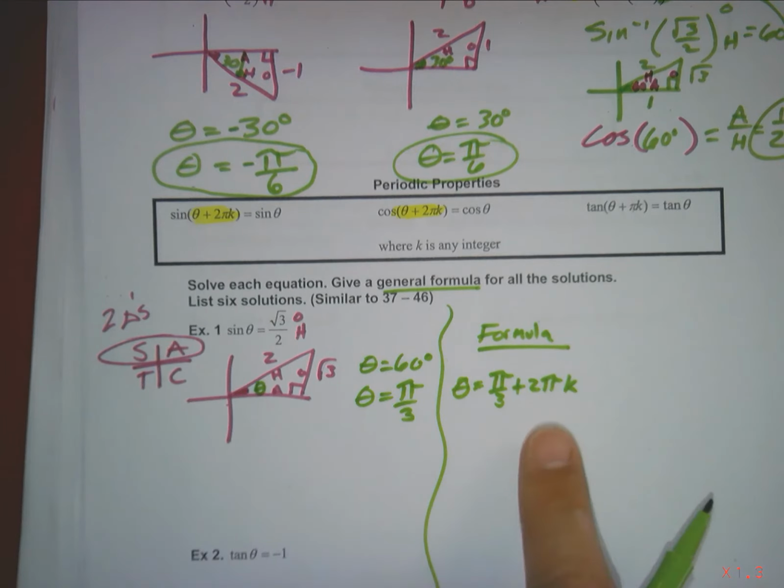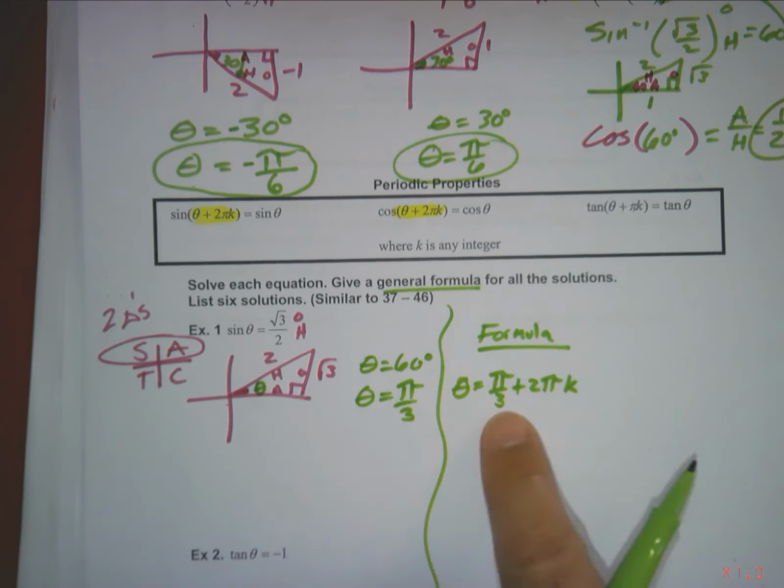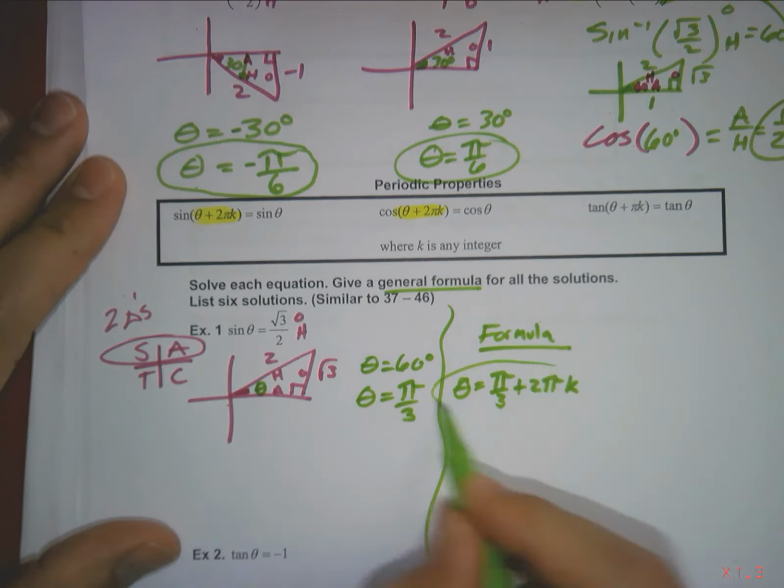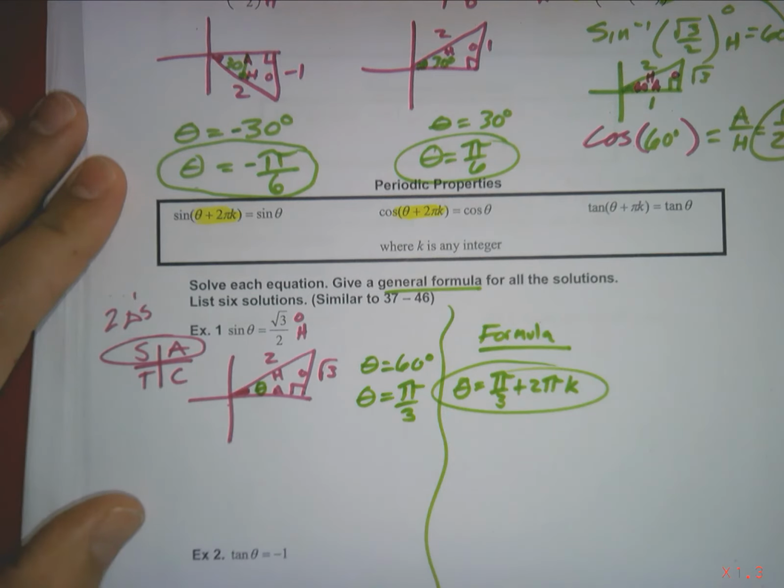So that's like saying the sine of 60 is the same thing as the sine of 420, which is the same as the sine of 780. Going around 360 degrees puts me right back in the same spot. So I've got my one formula here. So far, so good.